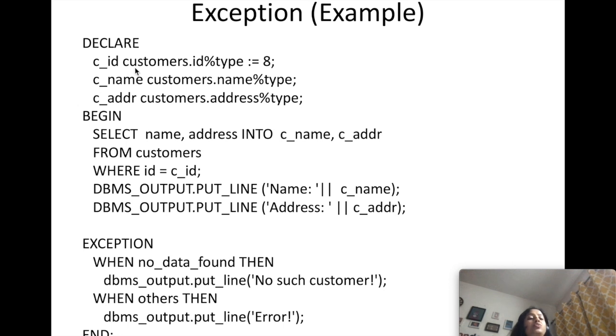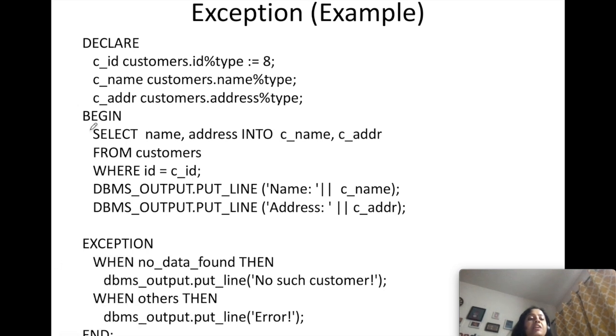Next, we have taken two more variables, c_name and c_addr. Now we are entering the begin statement, where we wrote select name, address into the two variables, that is c_name, c_addr, from the customers table where id equals cid. That means id equals 8.